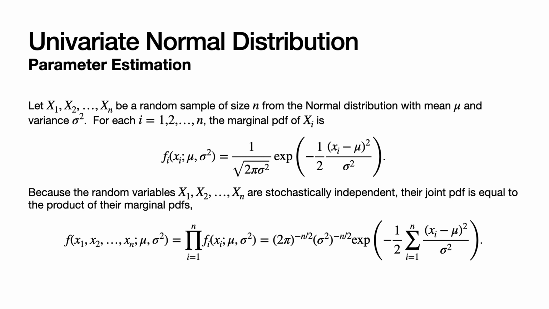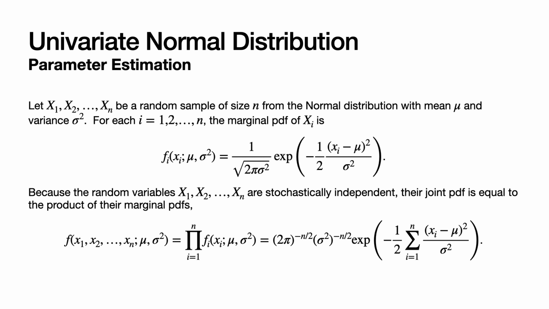Now, because the random variables x1, x2, and so forth up to x sub n constitute a random sample, you'll recall that one implication of the term random sample is that the random variables comprising that sample are stochastically independent. The other implication is that they are identically distributed.